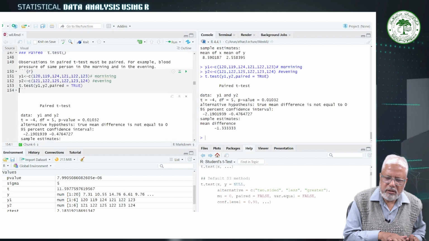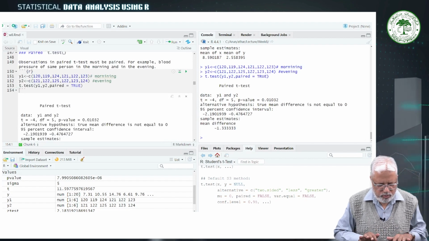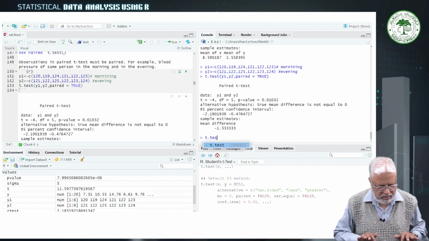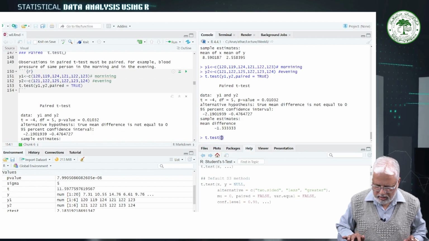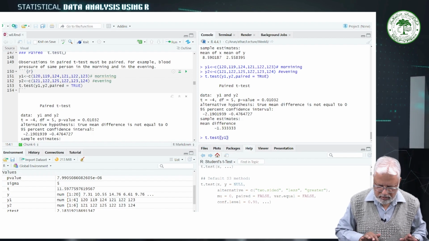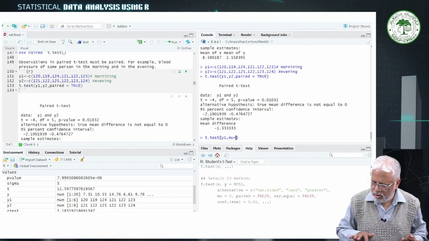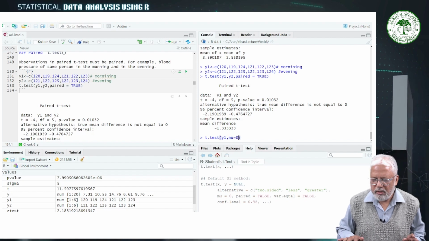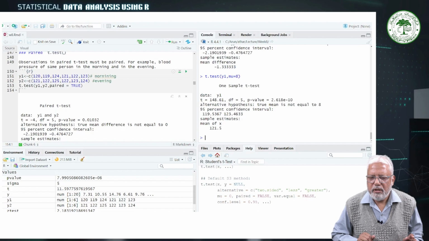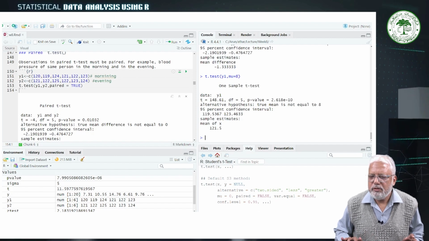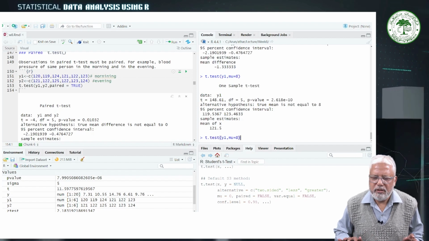So that means we are using the same t-test when our observation is y1 and mu is equal to say 8. This is the single sample t-test. So it is being rejected.